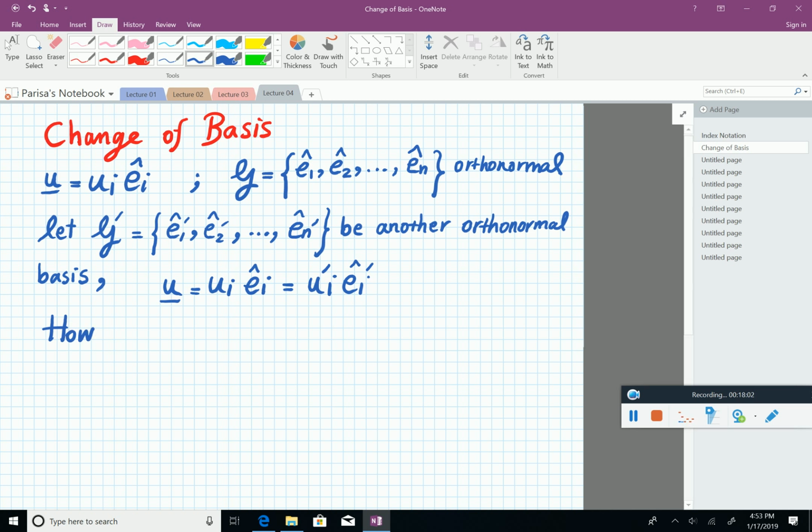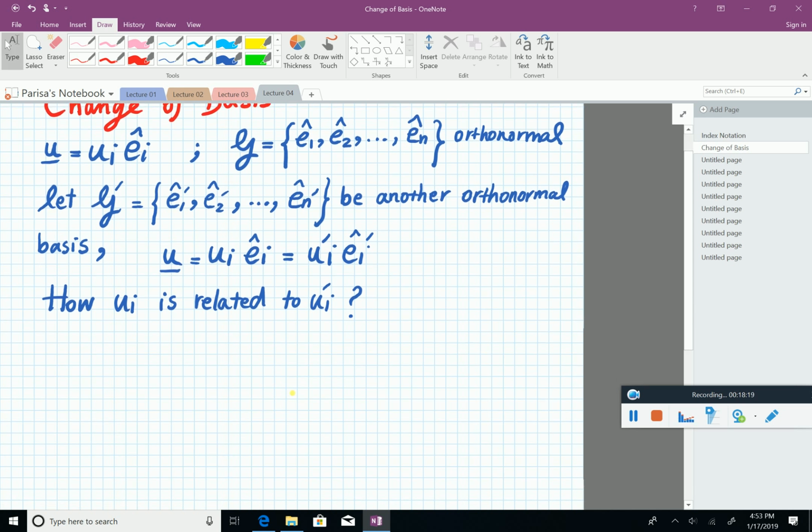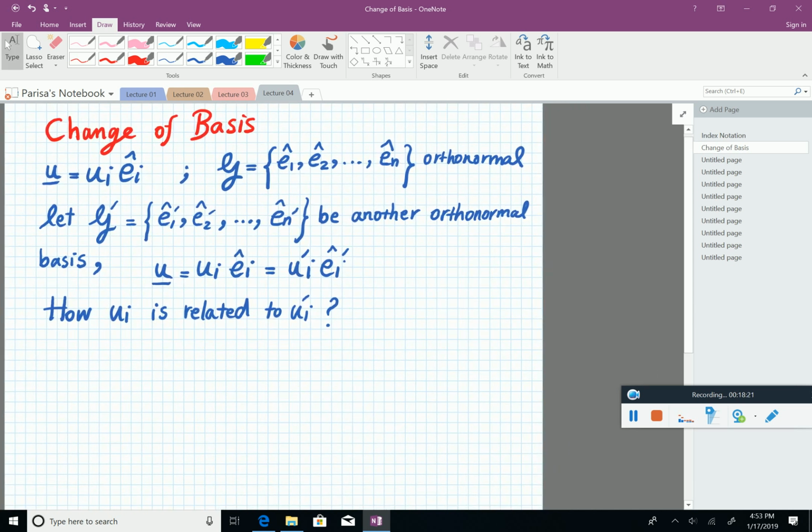Basically, how u_i is related to u prime i. And you have seen this in some forms in other courses, but we want to derive some general formulations here.